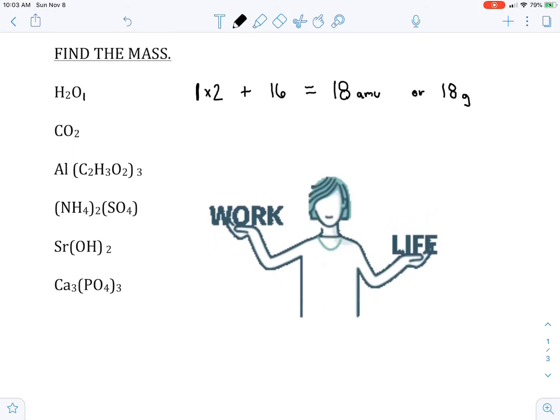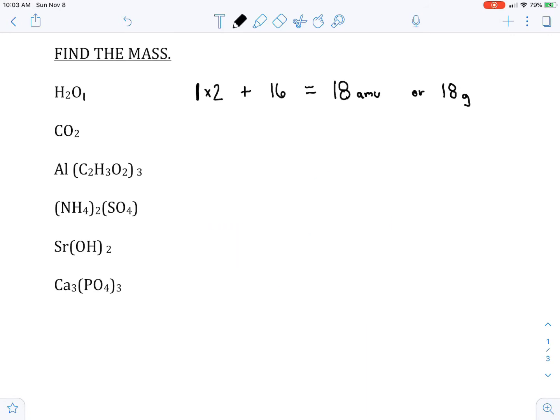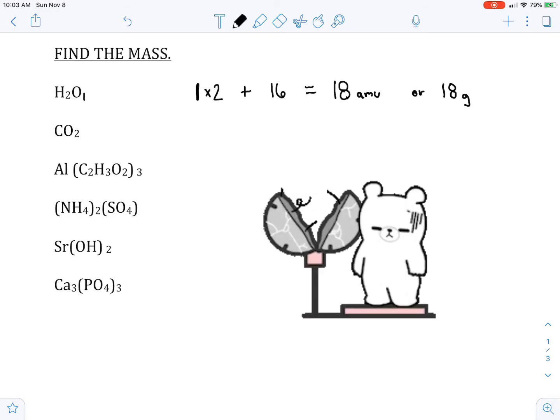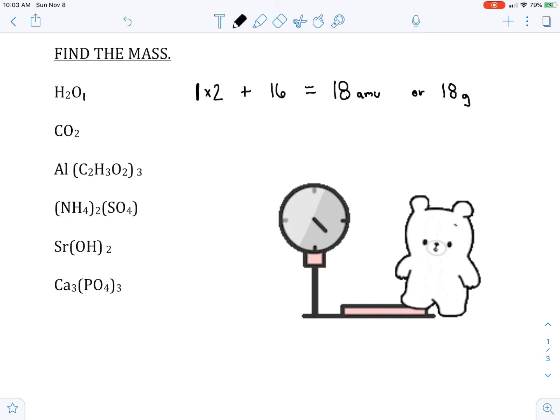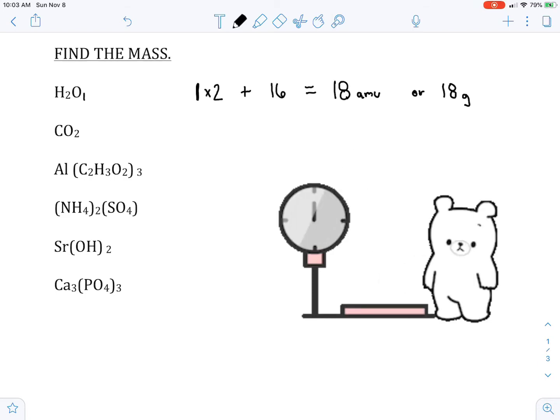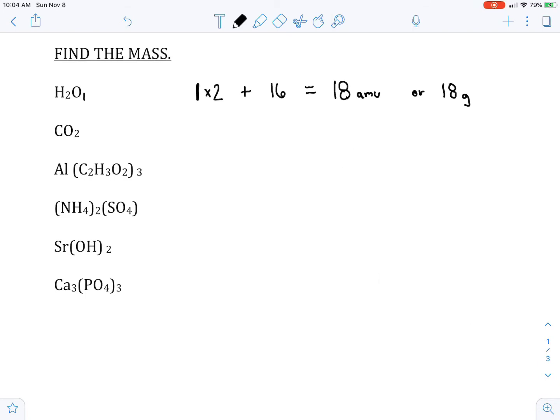Now what we're doing there and why we're doing that is because we can't measure. Remember that day in school when I put out the mass of a proton and there were like 31 zeros, right? 31 decimal places for the mass of a proton, right? So 18 times more than that is still gonna be like 31 decimal places. We can't measure that on our scales. So we can measure grams.